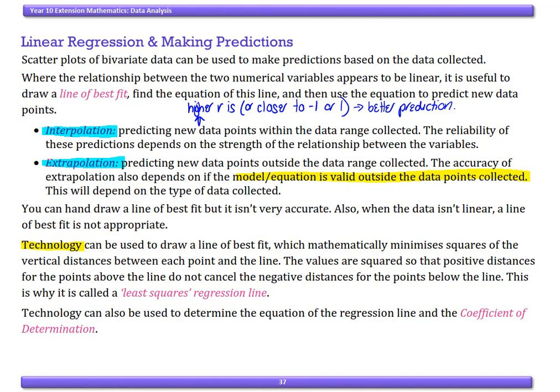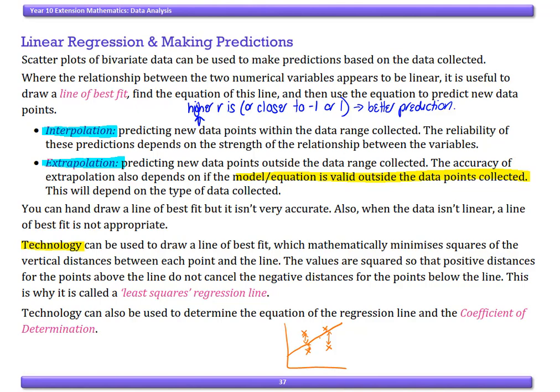Okay, so when we're looking at a scatter plot, if we put a line through the middle here, what our computer is going to do is look at how far these points are from our line of best fit. The values are squared, so positive distances to the points above and the line don't cancel each other out. And that's called a least squares regression line.